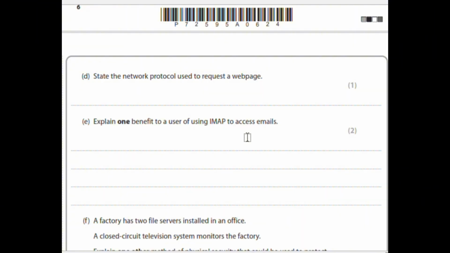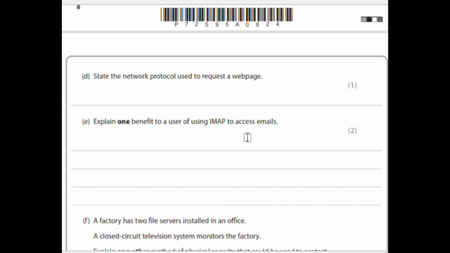Explain one benefit of a user using IMAP to access emails. Yes, we have two protocols of accessing emails. Number one is IMAP and number two is POP. We also have another one, so they are three. The other one is called Simple Mail Transfer Protocol, or SMTP.